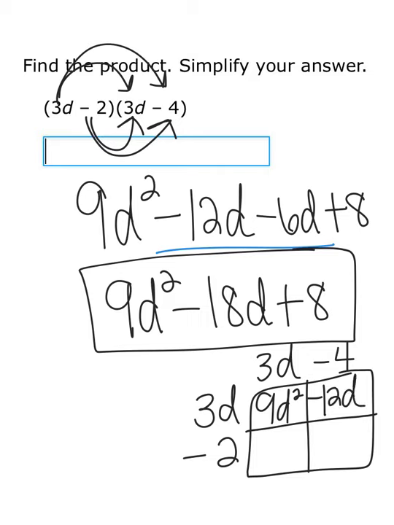Negative 2 times 3d is negative 6d. And negative 2 times negative 4 is positive 8. So I would still get 9d squared minus 18d plus 8.